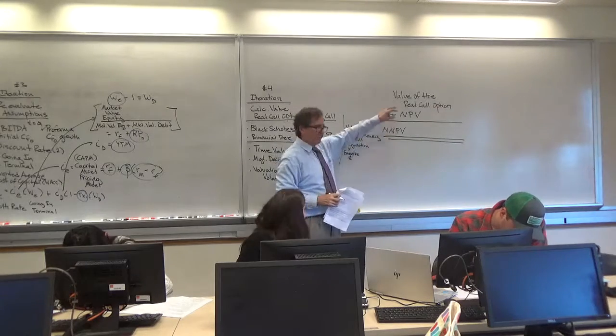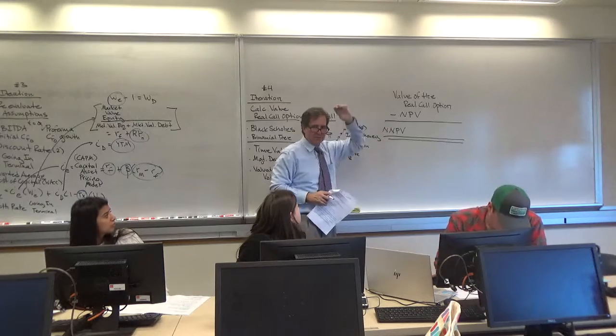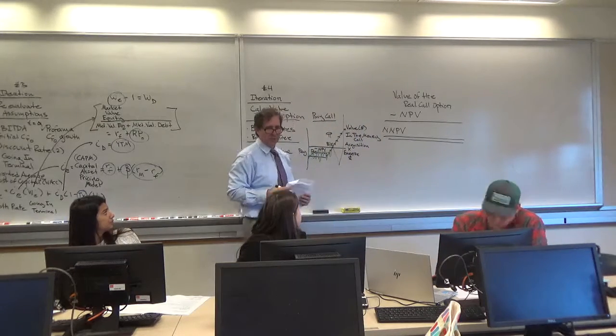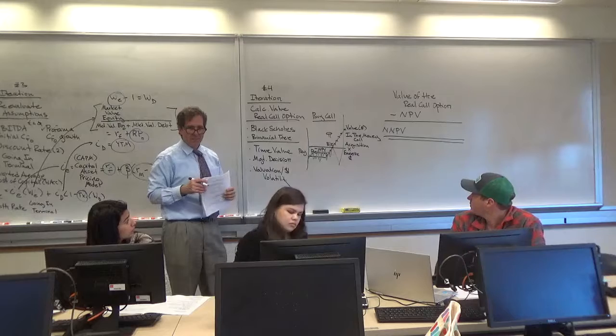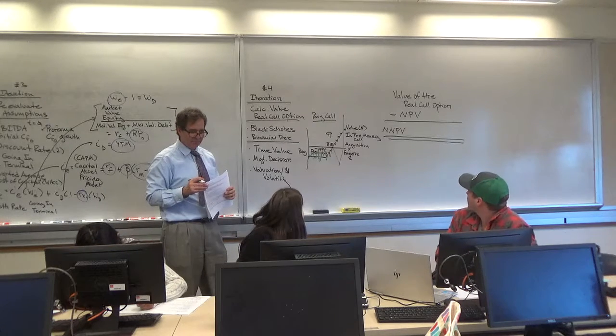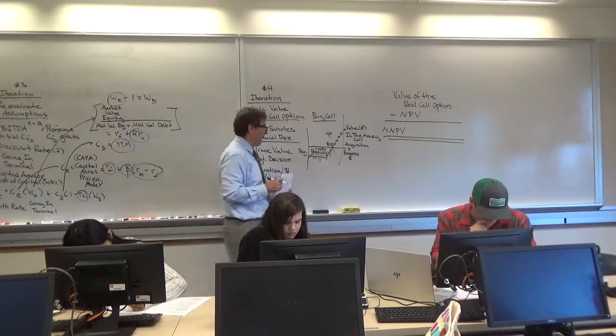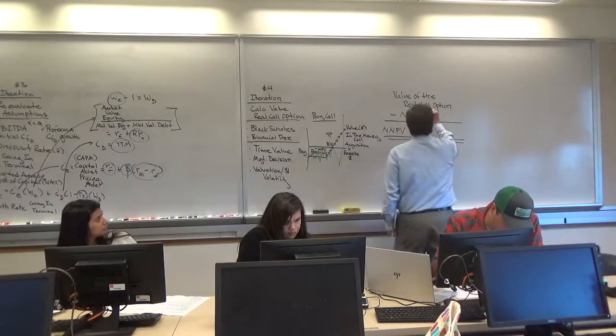So what does the value of the real call option need to be to get us to make a recommendation to acquire this firm? What does the value of the real call option need to be at minimum? Negative 2.4 billion.